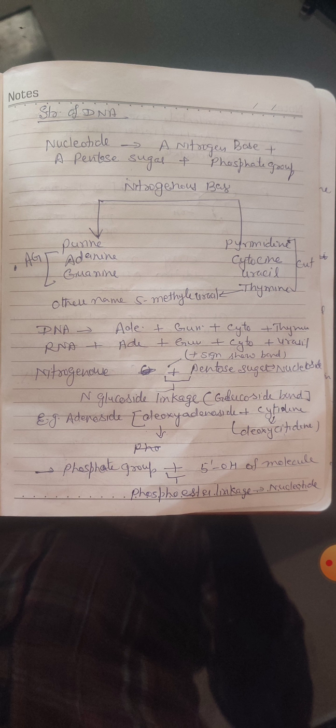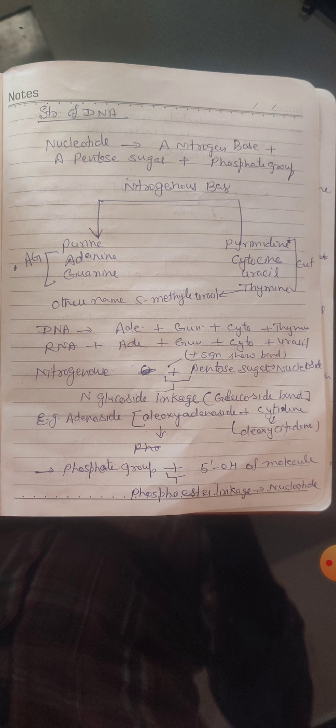Thymine's other name is 5-methyl uracil. DNA is made up of adenine, guanine, cytosine and thymine, whereas RNA is made up of adenine, guanine, cytosine and uracil.